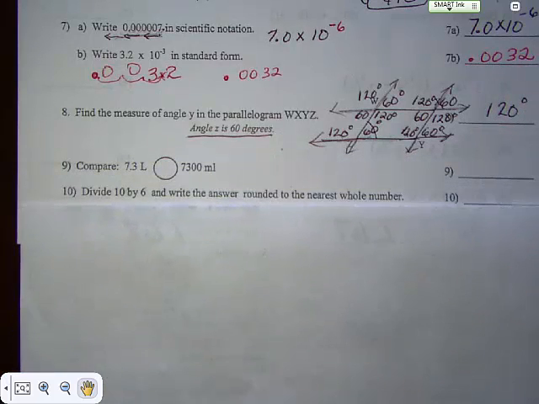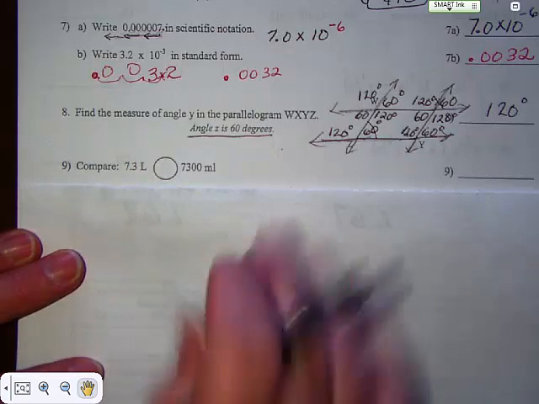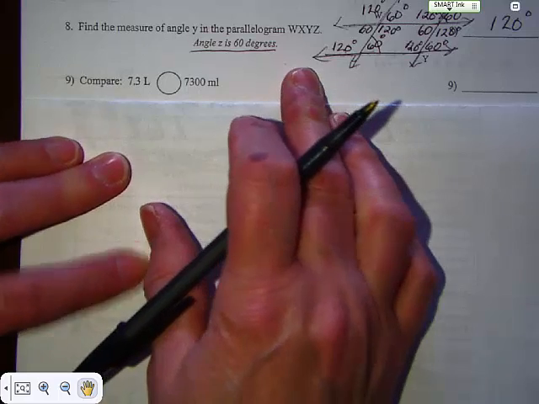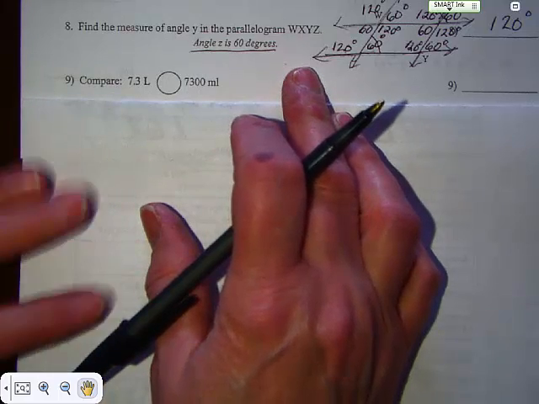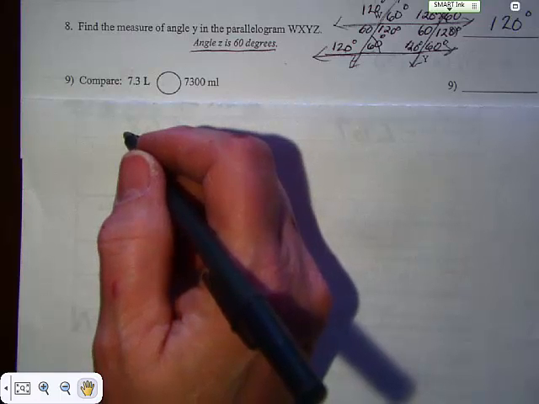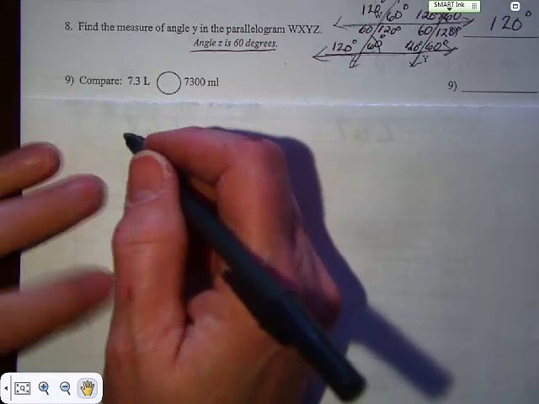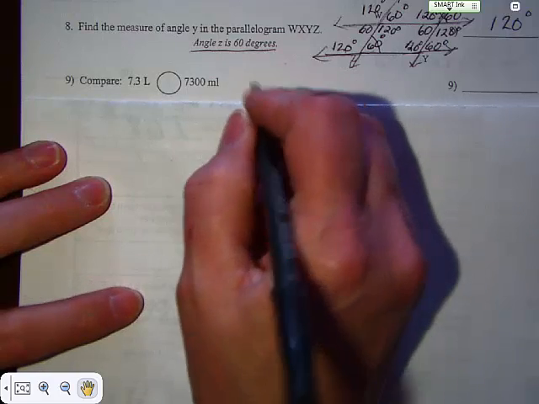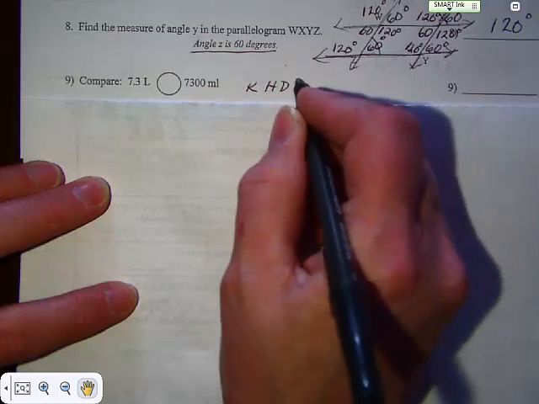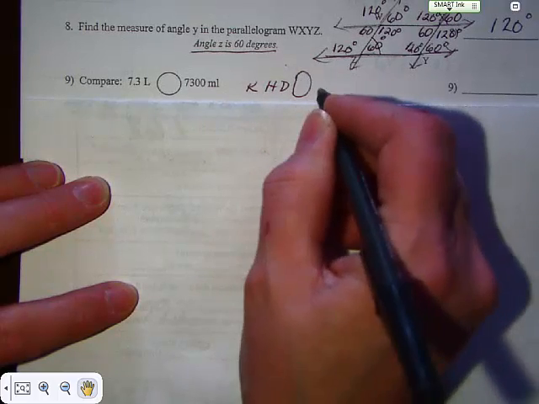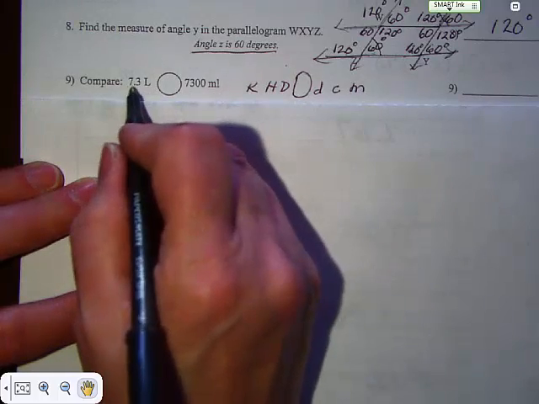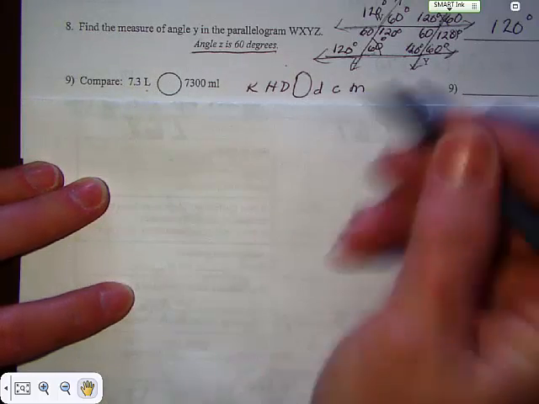Okay. Number 9, we are comparing 7.3 liters and 7,300 milliliters. Now, the thing that we need to do here is probably just turn one into the other to see how they compare. Remember the King Henry died unexpectedly drinking chocolate milk. Okay, so we need to go from 7.3 liters to milliliters.